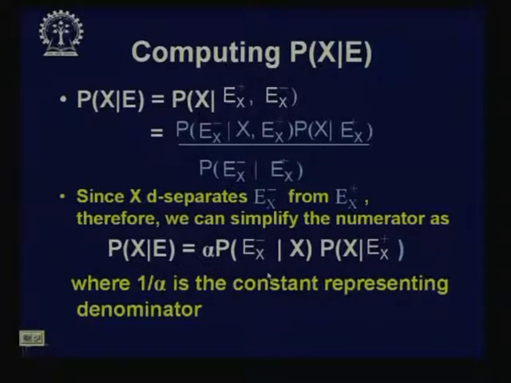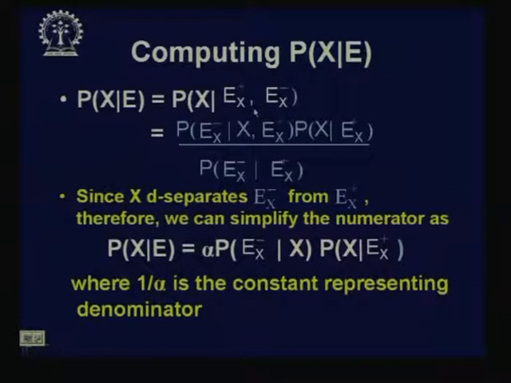Therefore, now I can compute the probability of x given E as the probability of x given E x plus and E x minus, because other parts of the polytree are independent.